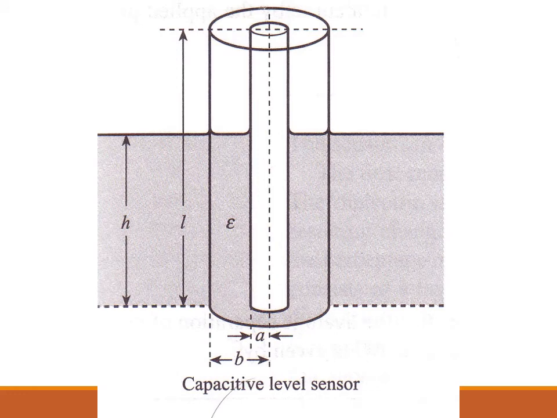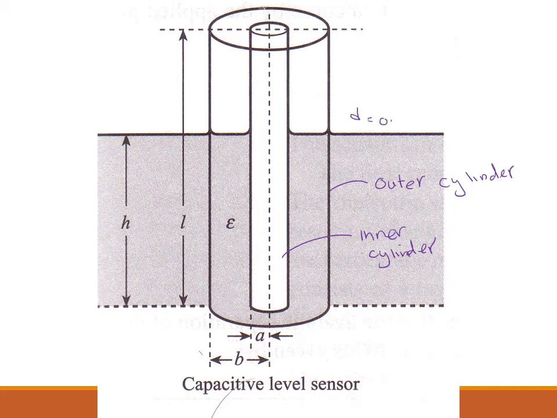This is the capacitive level sensor, where we have an inner cylinder and also the outer cylinder. The distance between the two cylinders is given.